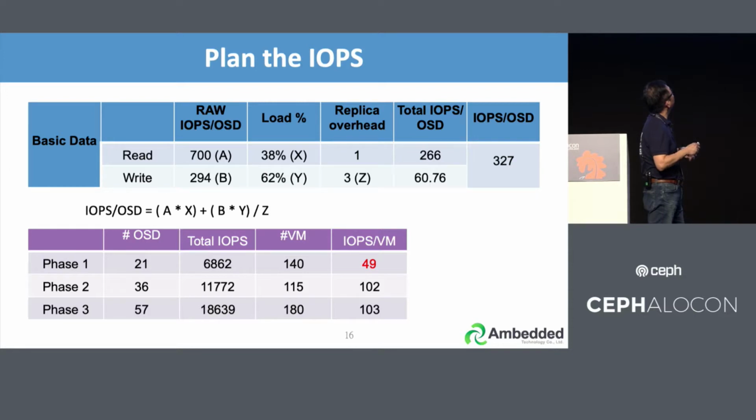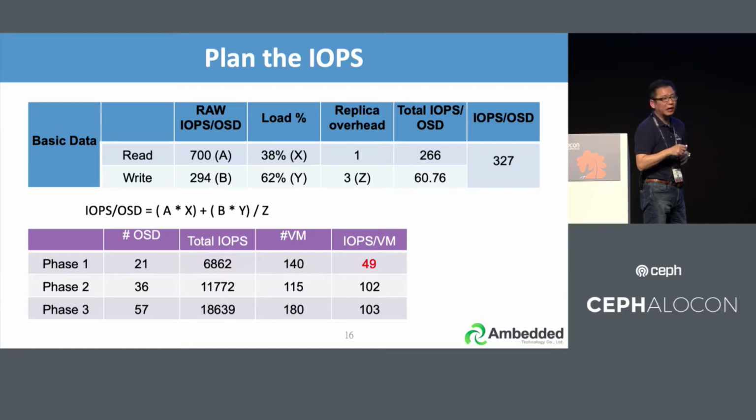Because their load is more on write, and the write also has overhead from replication, based on this we can get the total IOPS for this kind of workload, and what every OSD can contribute.